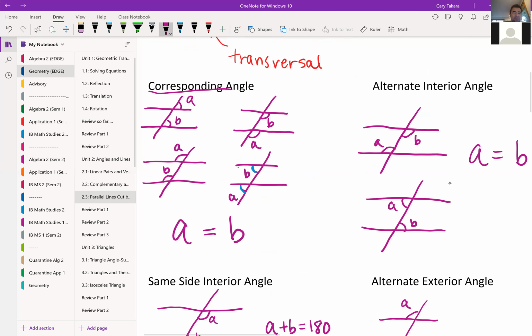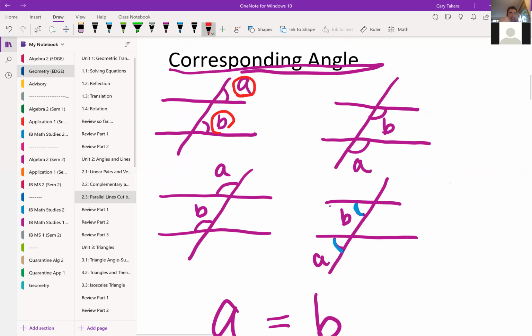Corresponding angles are a pair of angles where one is outside, the other one is inside of the parallel lines. And then one is outside, the other one is just far off, not adjacent, but right here, okay?